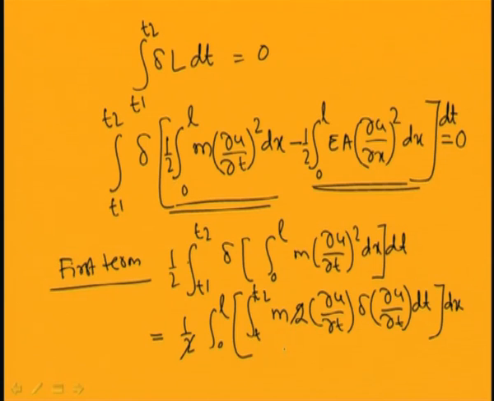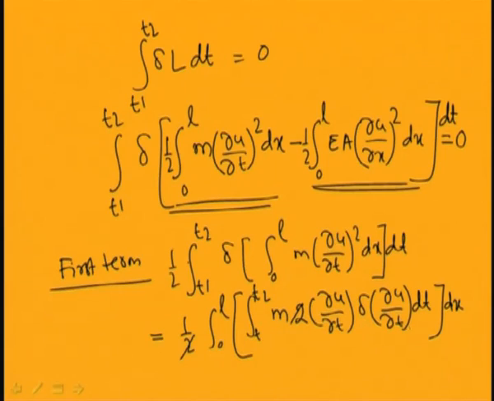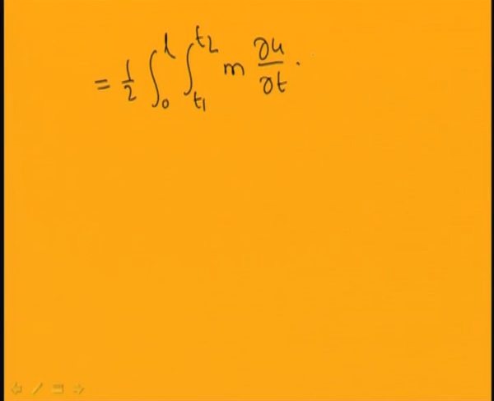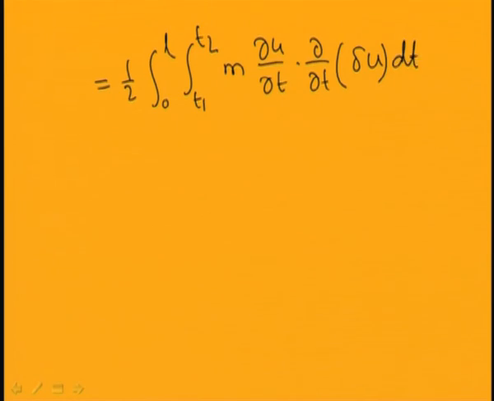So, m into del u by del t into, for this del, I can interchange the del and del by del t operators. So, I can write del by del t into del u dt dx.